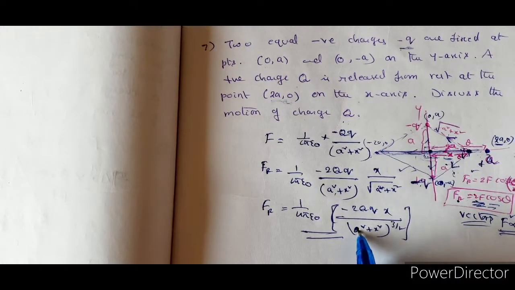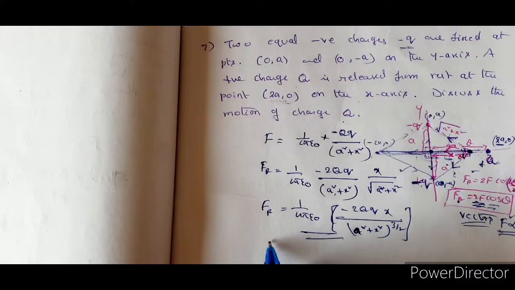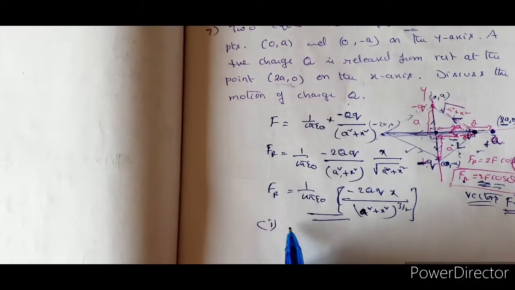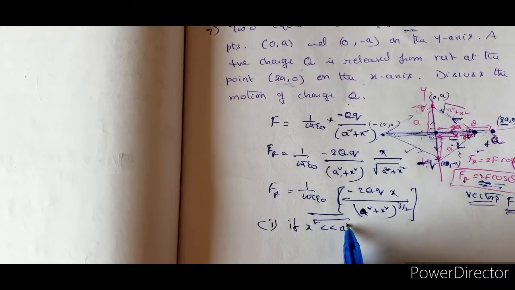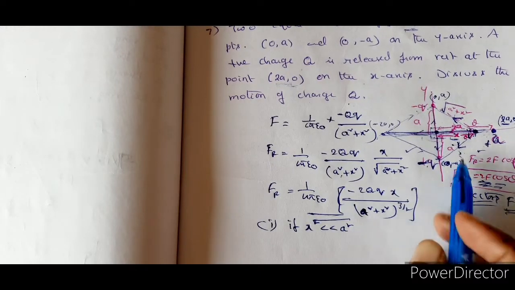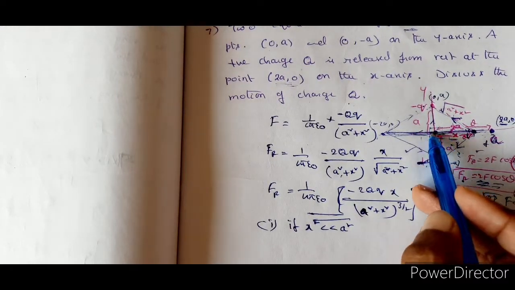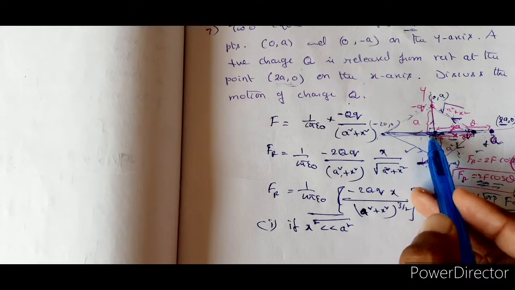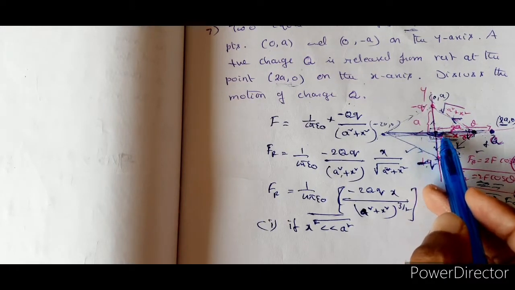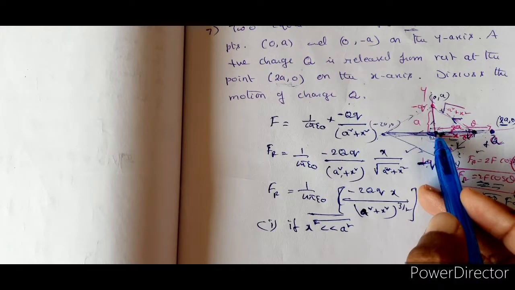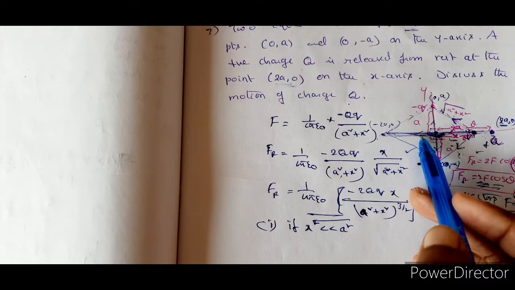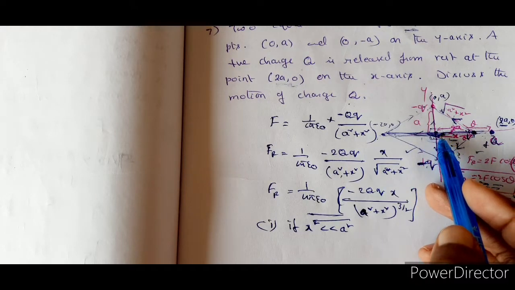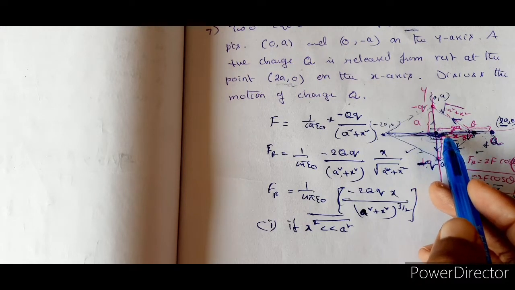Now if you say that two conditions, now condition 1, if x square is far less than a square, that means when it is very near, and you know the other definition of simple harmonic motion also, that when an oscillatory body is having very less amplitude, even for simple pendulum we will be discussing the same thing, that if the pendulum is given a very very small amplitude, then it will have simple harmonic motion.